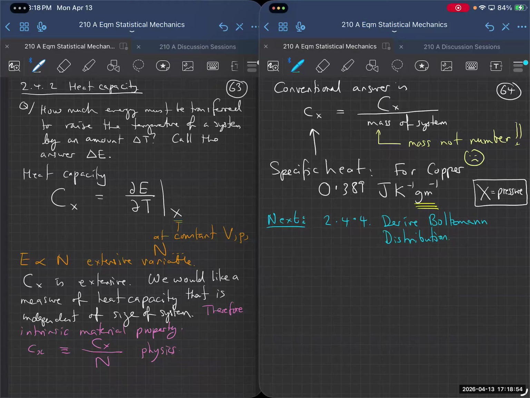I'm not going to start it today, and then we'll introduce the topic of the partition function, and a slick way to compute thermal averages. So that's going to be what we're going to do immediately on Wednesday.